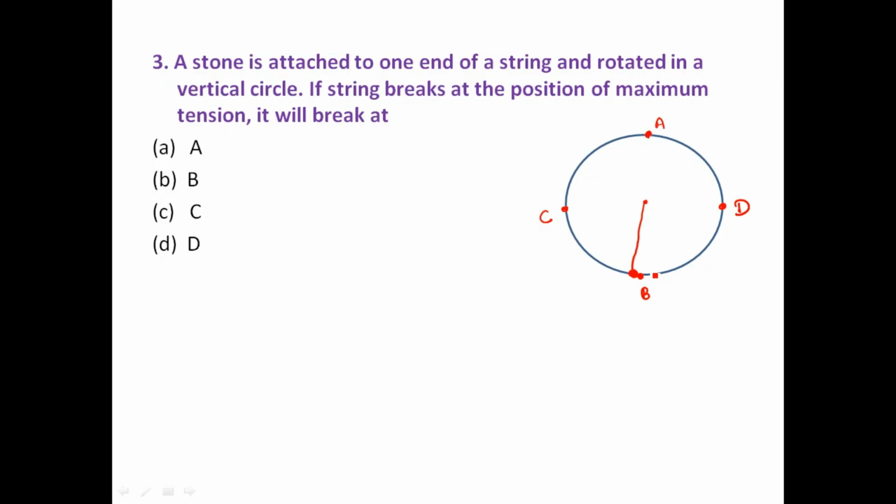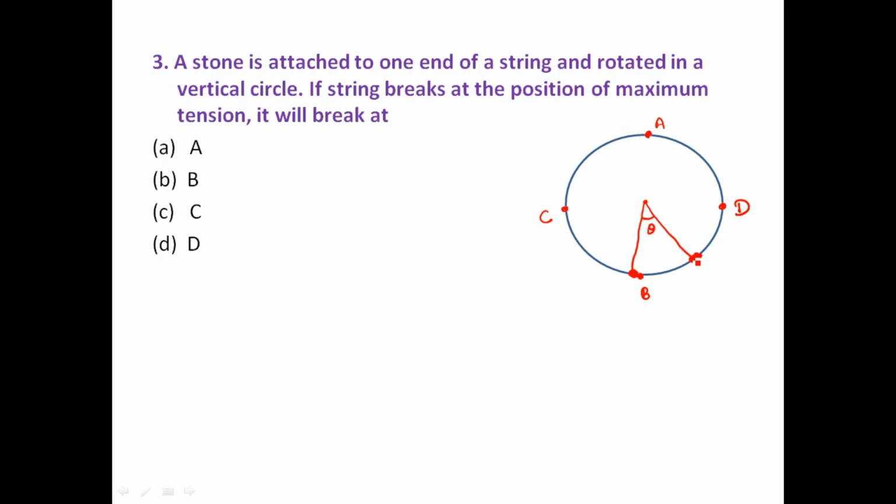Let us say at one point it can be even here, right? So let us say the stone is being rotated and it reached here. It makes an angle of theta, which is angular displacement theta.